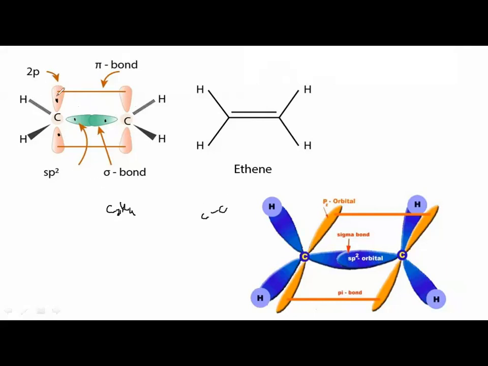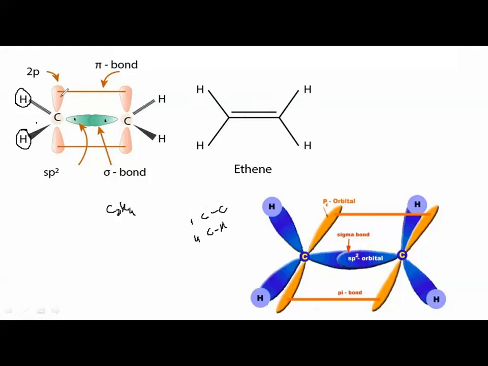Now, each carbon has 2 remaining sp2 hybrid orbitals. They will overlap with s orbitals of hydrogen, so they will form carbon-hydrogen sigma bonds. How many? 4. Correct? Can you see the carbon-hydrogen sigma bonds?